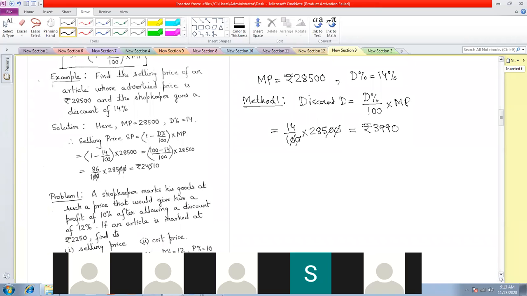That is the reduction on the mark price. So what should be the selling price? It should be mark price minus discount. Mark price is 28,500 minus discount 3,990.